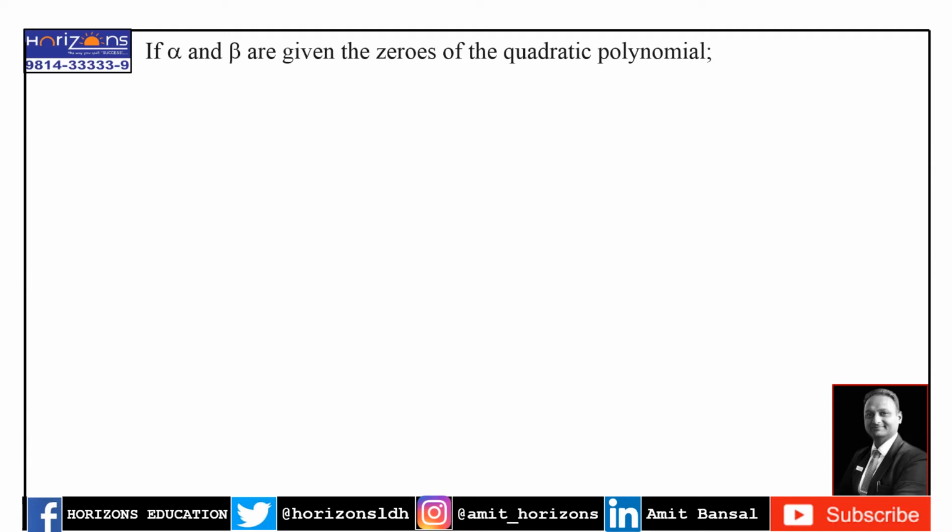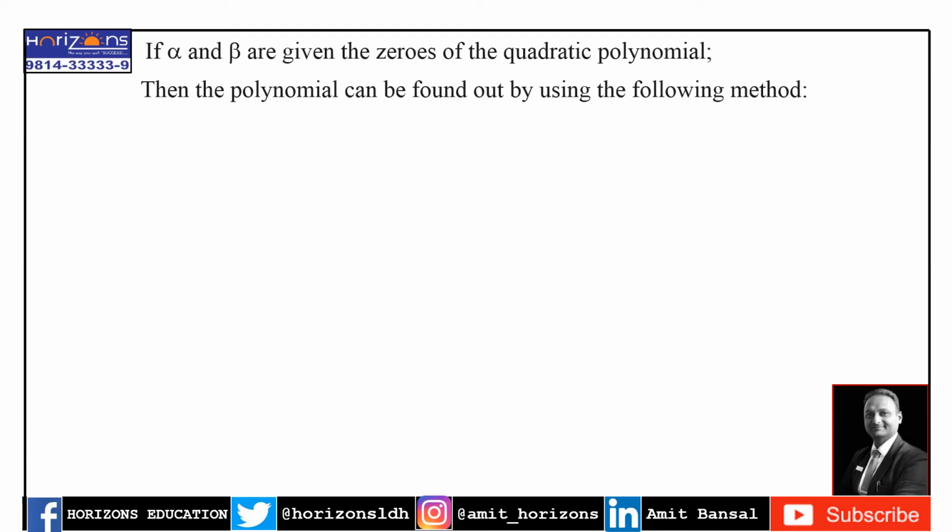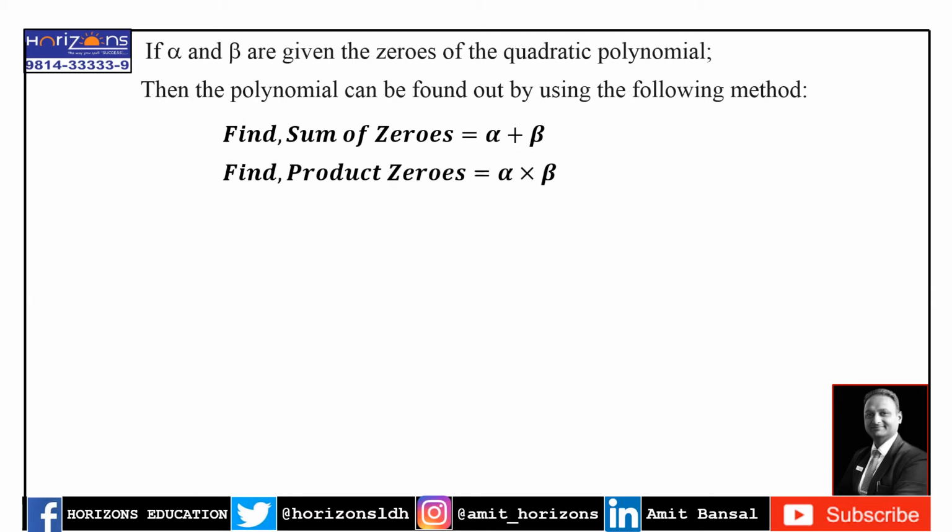So if alpha and beta are given the zeros of a quadratic polynomial, then if you need to find the polynomial whose zeros alpha and beta are, that can be done by using the following method. First of all, we'll find the sum of these two zeros, alpha and beta, right? Secondly, we will find the product of zeros, that is alpha into beta.